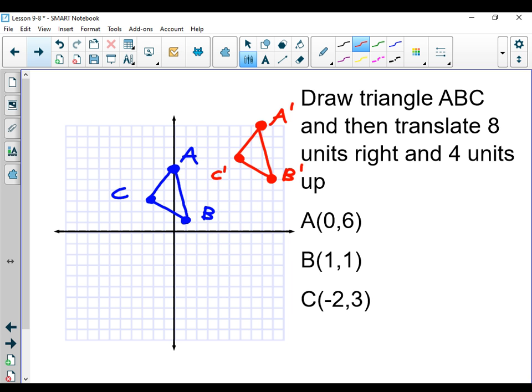Double check, does it look the same? We don't want a new triangle, we want it to look the same. Pete gives a thumbs up. Did you use the little prime marks? So Ellie can go home and show Dylan her notes and he'll know exactly which one was her original one and which one was the image.